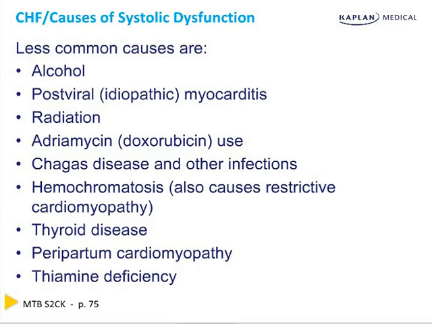Ischemia and hypertension are by far the more common causes. If you take everything in this list, add it up together, and multiply it by 10, it's not as common as hypertension and ischemia.